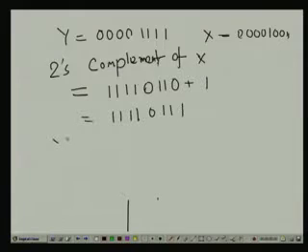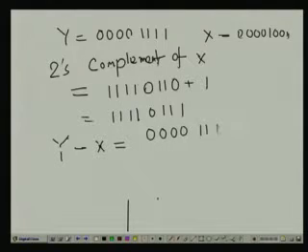Now, if I do y minus x, we have to add this y and 2's complement of x, which is this number 1 1 1 1 0 1 1 1.